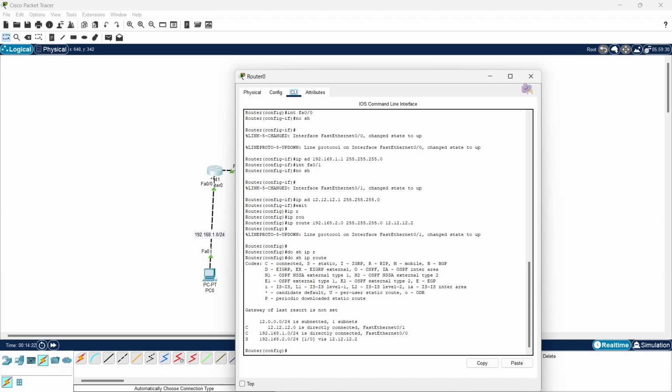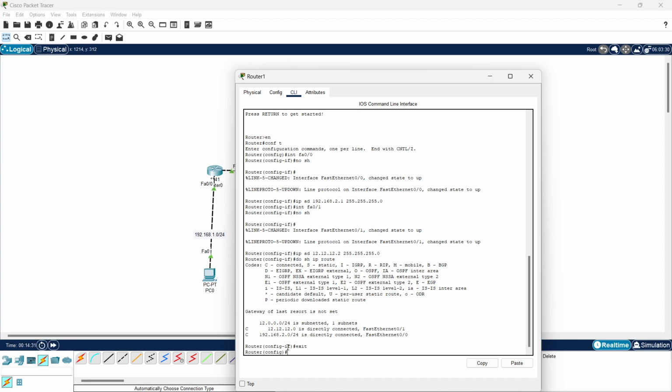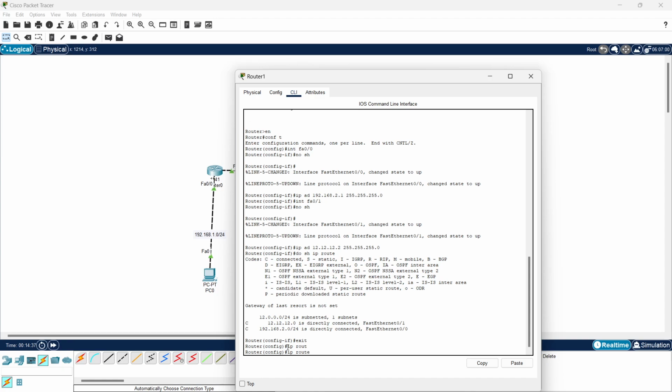Now we're going to make it in router 1. For this, you exit first, and then you can type IP route 192.168.1.0 with the prefix 24. Then with the gateway 12.1.